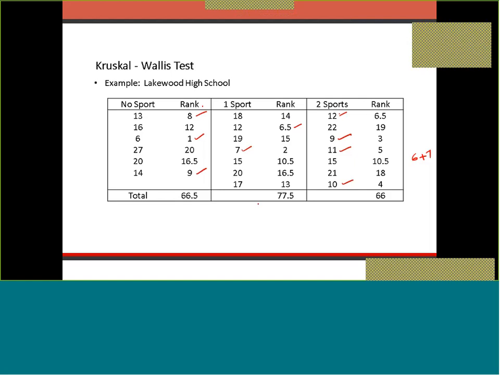I think we have two 15s here and here. So you have to take the average of 10 and 11, so 10.5, 10.5. Then you have 16, the 12th rank because after 11, 12th. 17, the 13th rank. 18, the 14th rank. 19, the 15th rank.